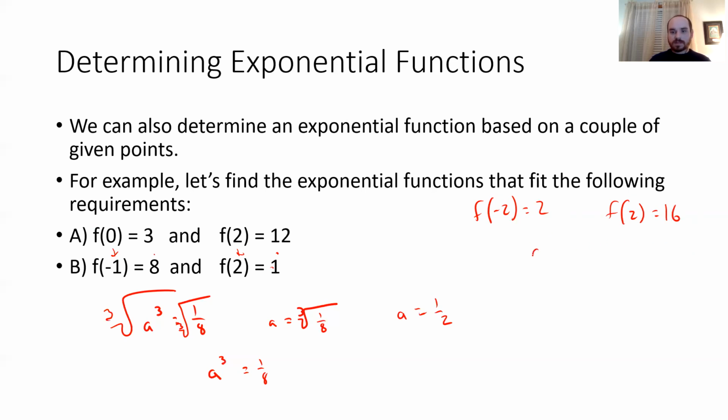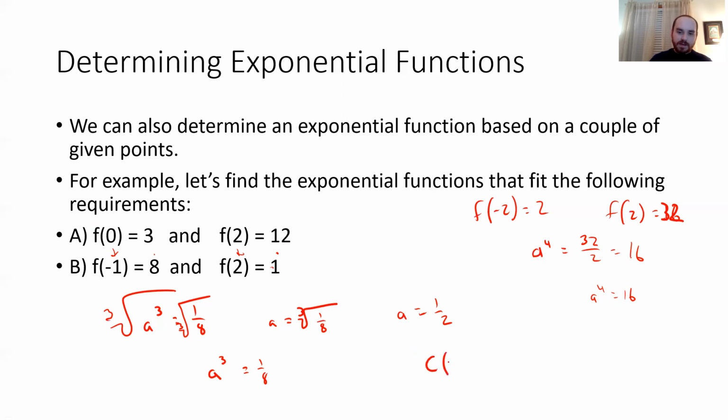I would do in this case a to the 4th equals, and then I would do, actually let's make this 32 because that'll actually work. 32/2 equals 16. So a to the 4th equals 16, and then we'd want to take the 4th root of both of those. But anyway, so a equals 1/2.